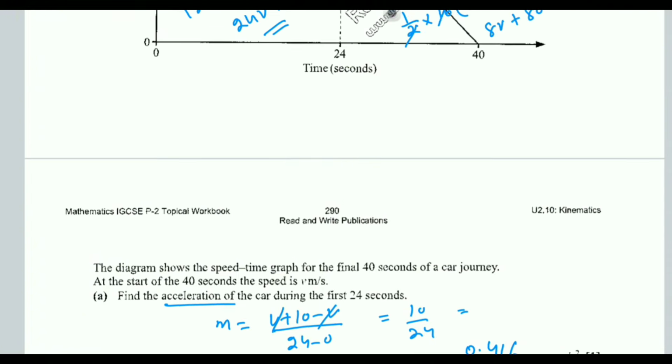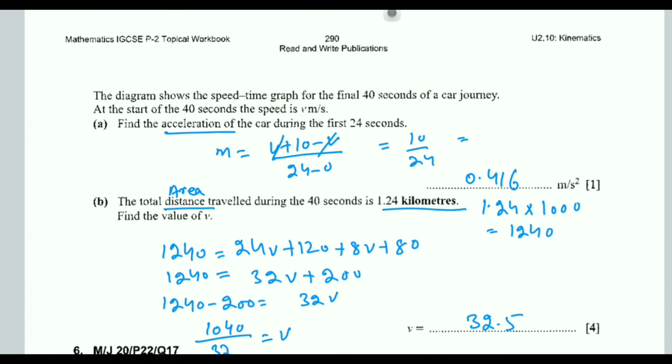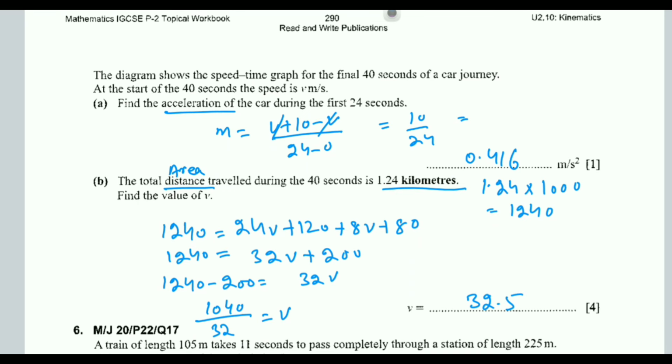So this is the way you will solve these questions, part A and part B.